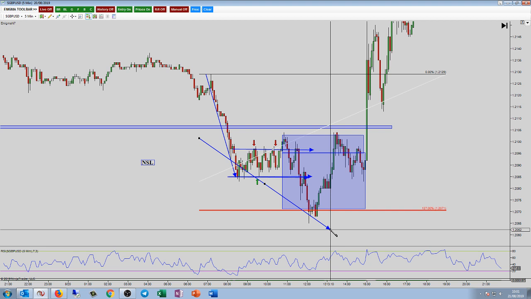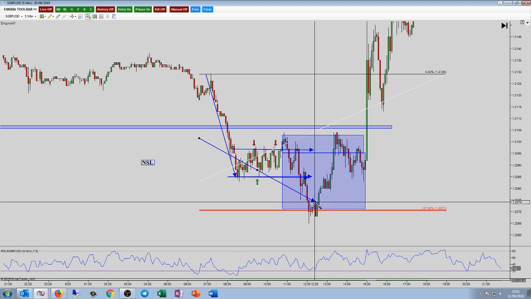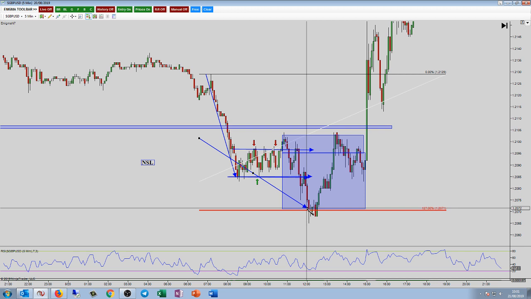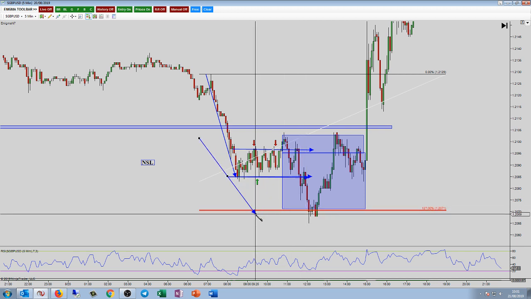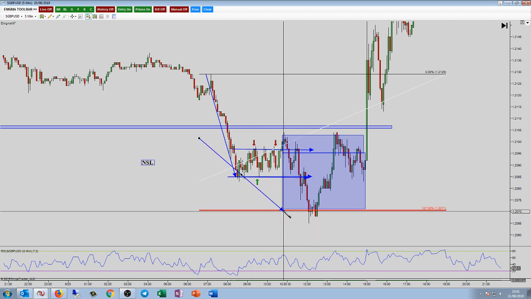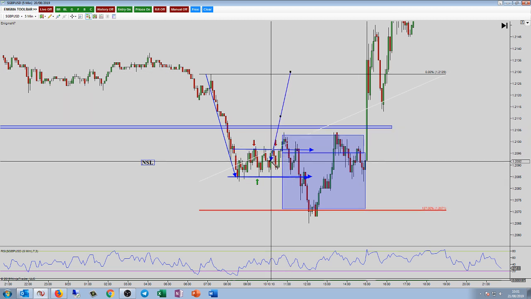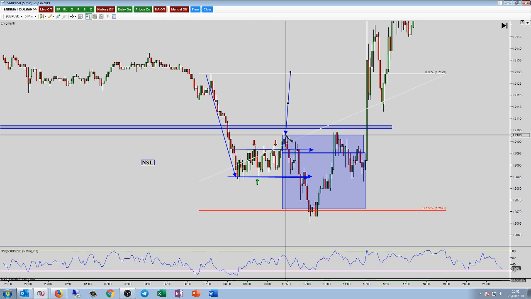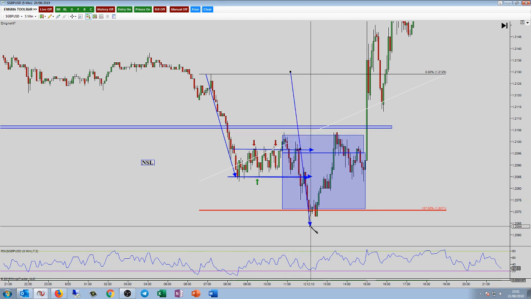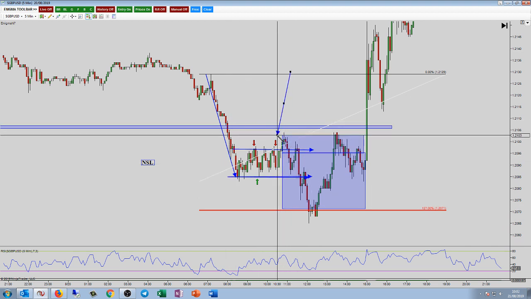And I cannot tell you the number of times that has happened to me in the past 4 weeks. Remember, guys, 700 pips is what I'm up to at the moment of trades that have just done this. They've just violated structure, or they've just gone the wrong way too far, stopped me out, and then gone and hit targets. This is unprecedented for me, the number of times this has happened.